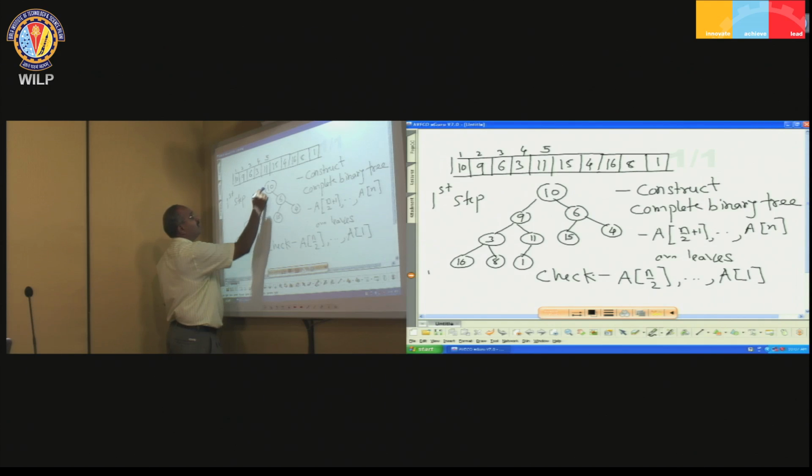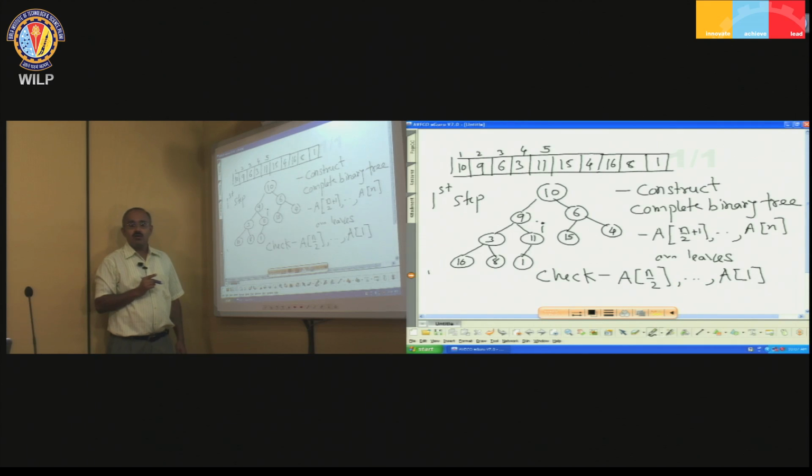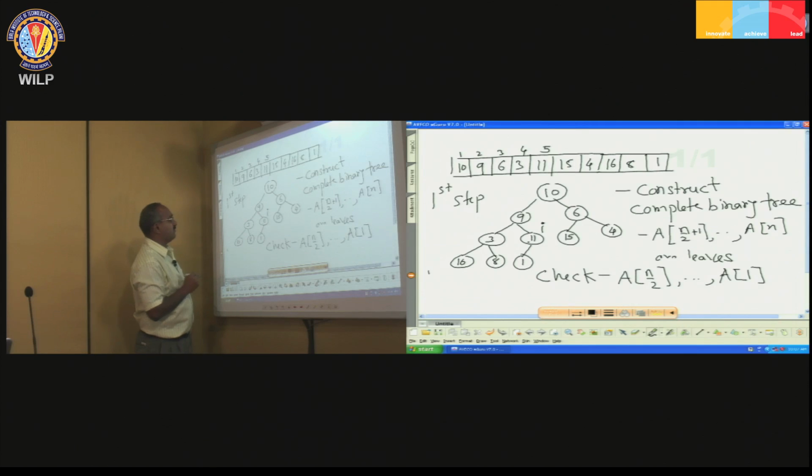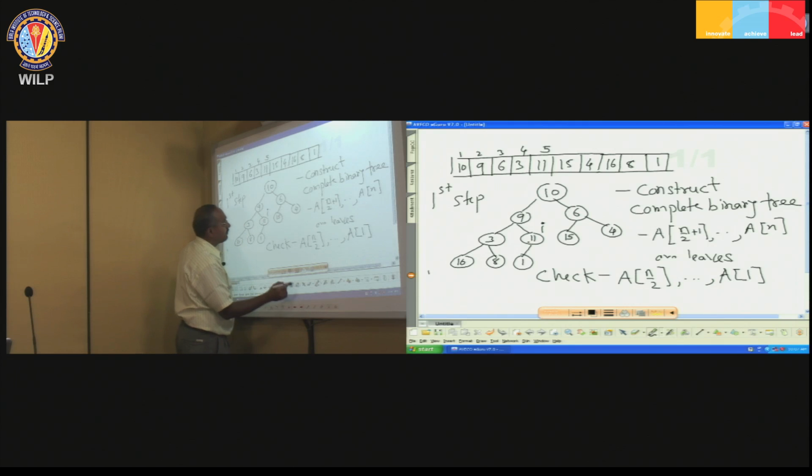I am going to start from here, this is the first node that we are going to check for the heap property. Now if I look at this, this already is a heap, correct. It is already bigger than its child keys. So you do not have to modify the structure here. At this particular thing, your heap property is already satisfied.